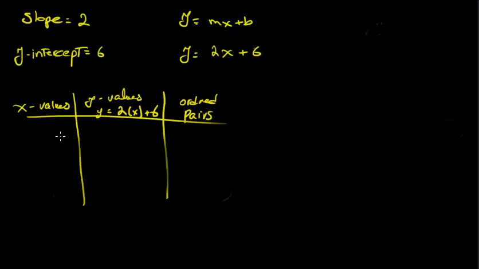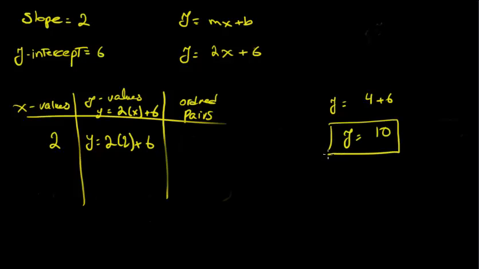Now let's pick 2 as x. When x is 2, y is going to be equal to 2 times 2 plus 6, right? So y equals 4 plus 6, y equals 10. So if x is 2, y is 10. 2 and 10 is our first pair. And then we'll choose minus 5 as x.